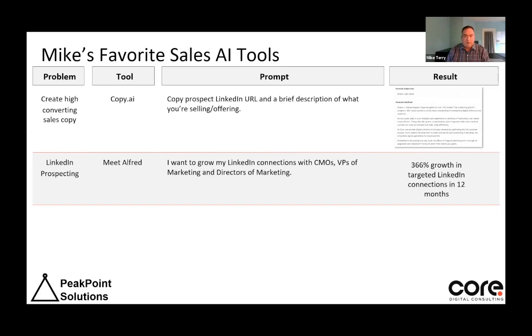And so for a real life example, I signed up for Meet Alfred connected to Sales Navigator in July of 2022 when I was working at another agency. We were doing ABM marketing, so looking at specific accounts and specific categories in quick service food and also retailers and apparel companies.